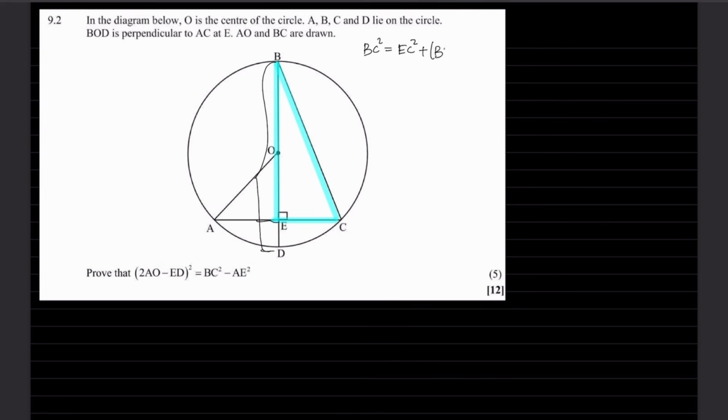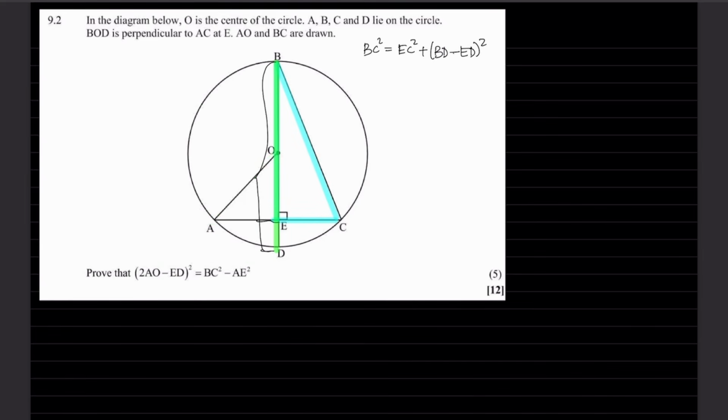So BD minus ED all squared. Now BD represents the diameter, okay? And we know that the diameter is double the radius, and the radius is OA or AO.